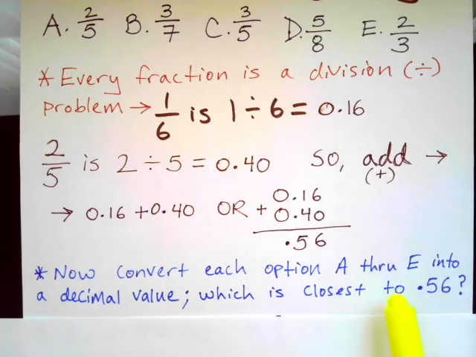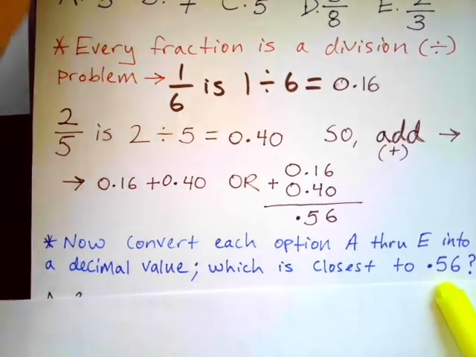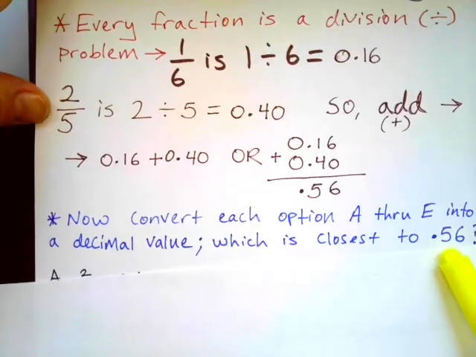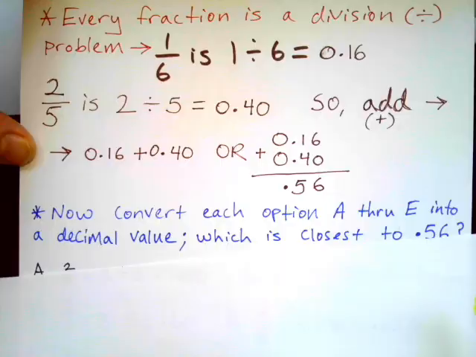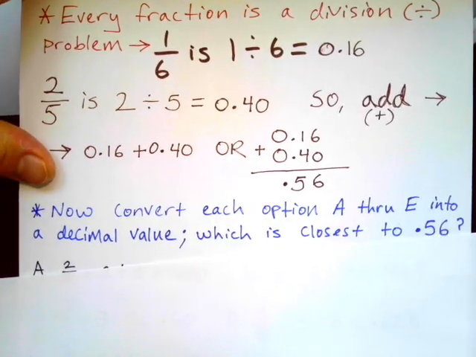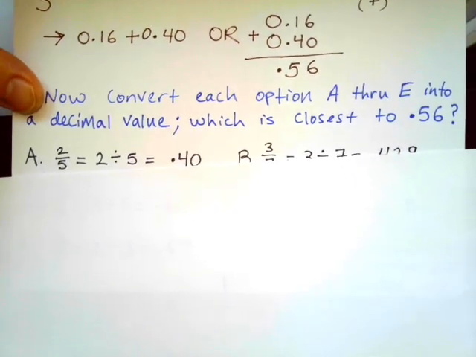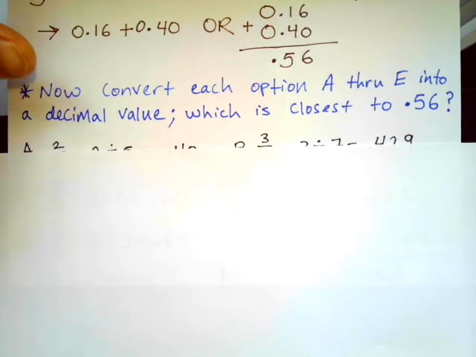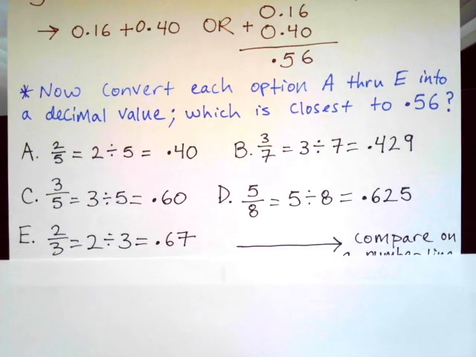Now convert each option A through E into a decimal value, which is closest to 56 hundredths, or 56 cents is how I'm going to use it, like it's money. For those of you that are having trouble seeing this, I'm going to use another diagram in part 2 of my video that shows you a number line, color coordinated, and that might make it a little bit easier to see which value is closest, A through E. So let me just show you that here.